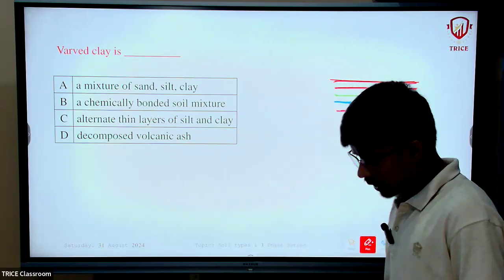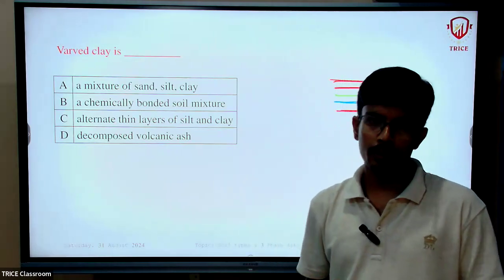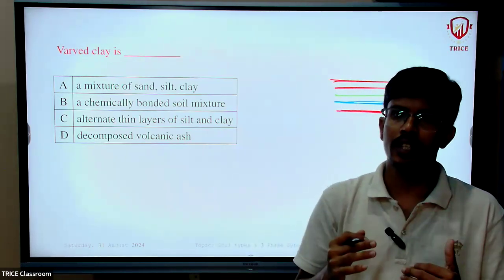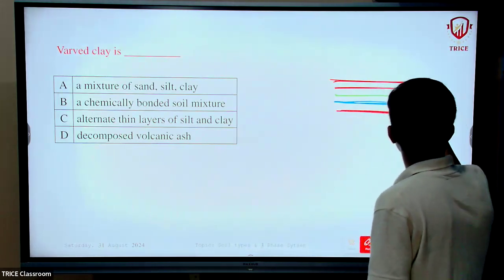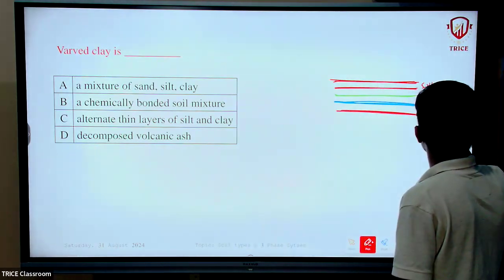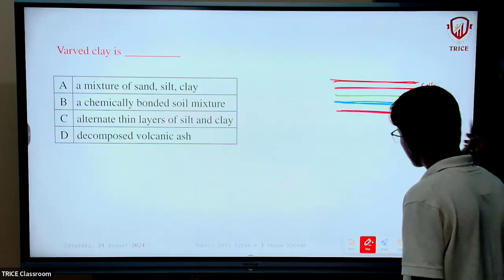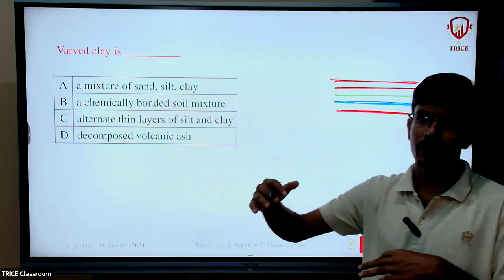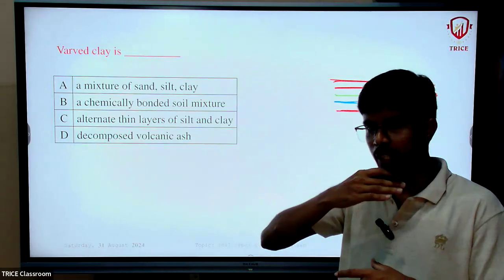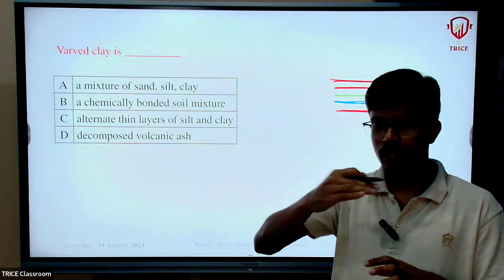If the layers were formed in alternate conditions of silt and clay, and then again silt and clay, we get the formation of alternate layers. It's like your cake, right? We have different layers in that.